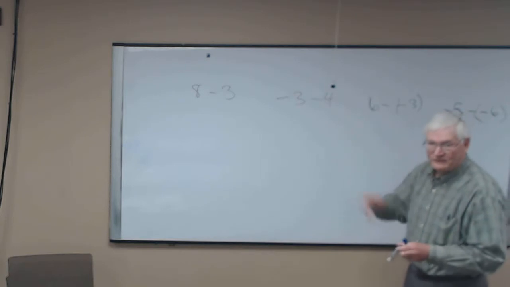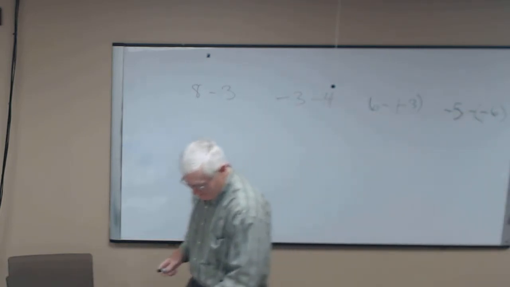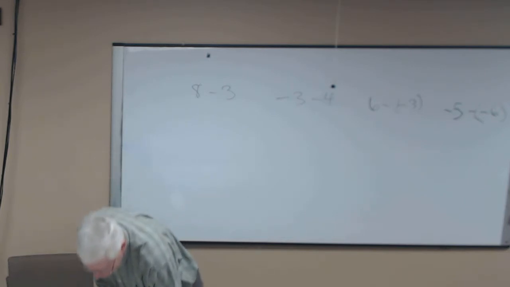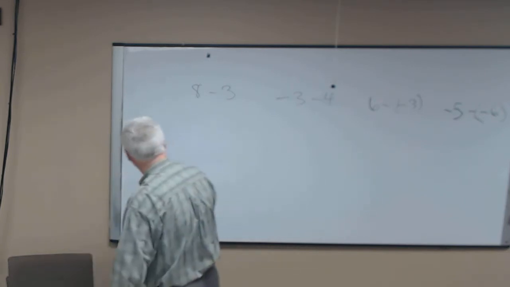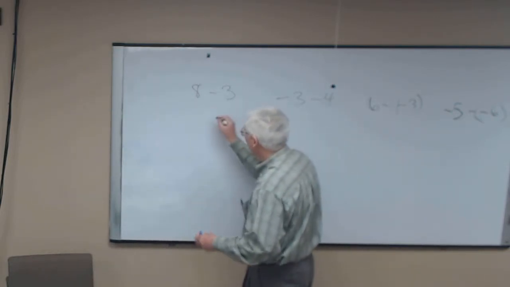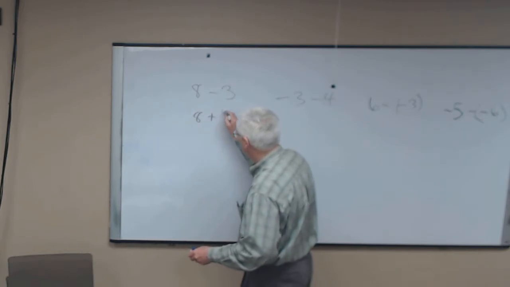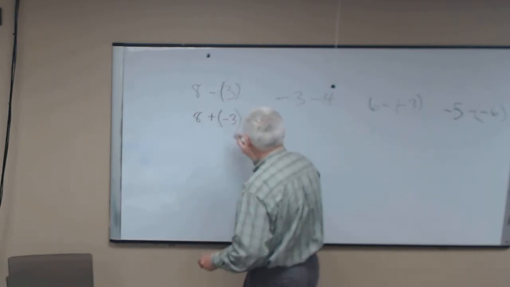You got those problems there? Now, what am I supposed to do? What did they ask me to do? Rewrite it as an equivalent addition problem. That's the subtraction problem. To subtract is the same as adding the opposite.